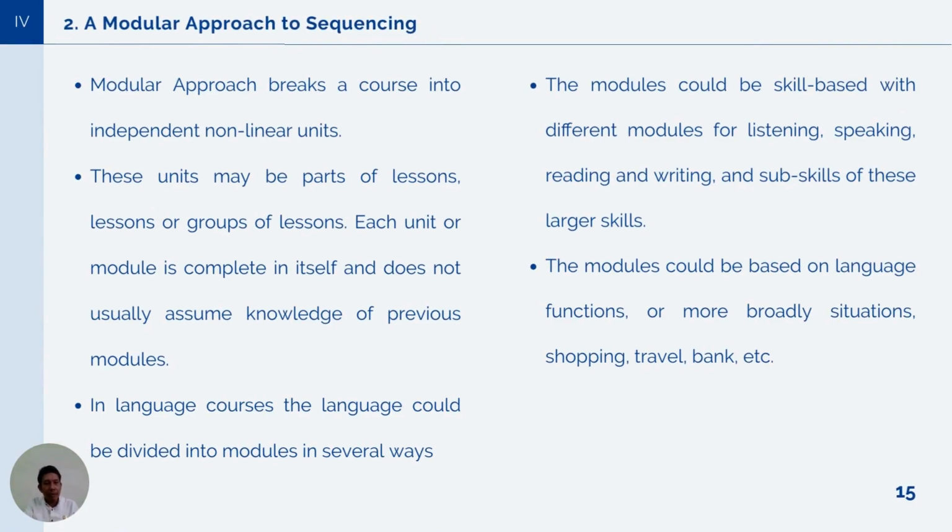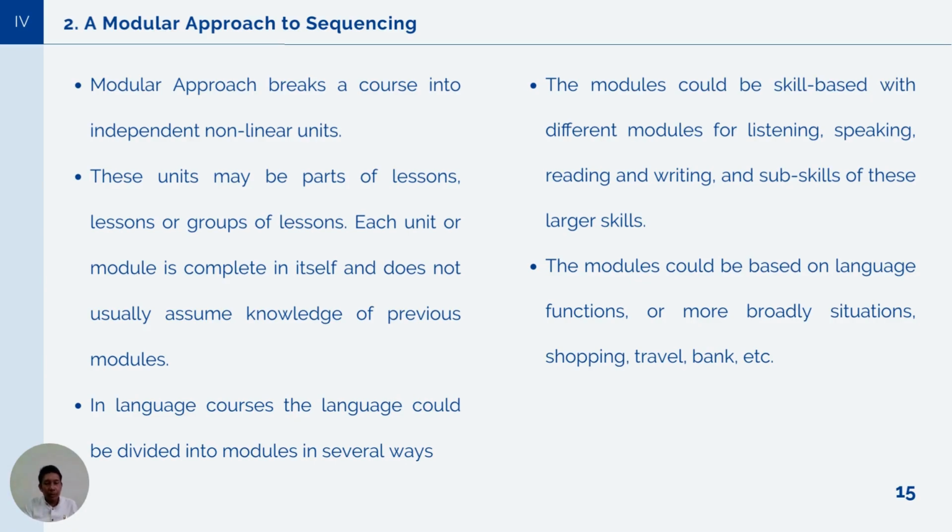The last is, because in the previous one we talked about the linear model, now we talk about a modular approach to sequencing. Modular approach breaks a course into independent non-linear units. So it is different from the linear one in the previous discussion.